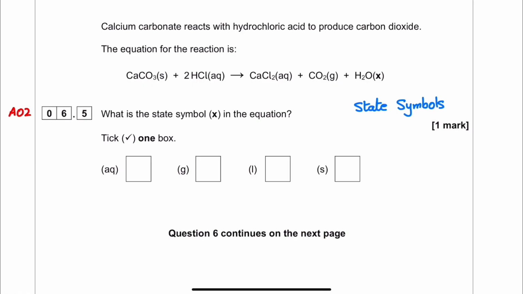What is the state symbol X in the equation? We know that the reaction between an acid and an alkali or base gives salt and water, so therefore we have H2O in liquid form. So the correct symbol is l.